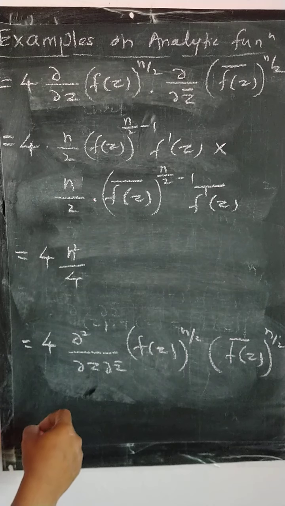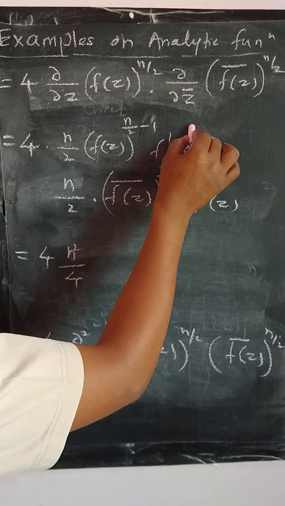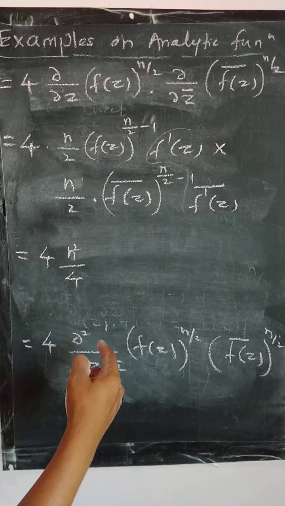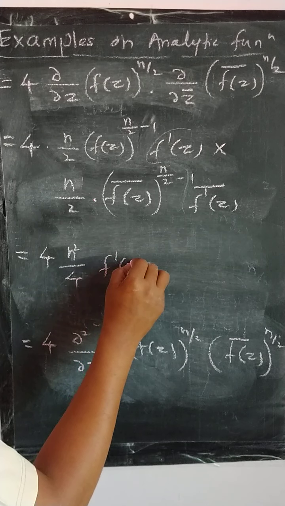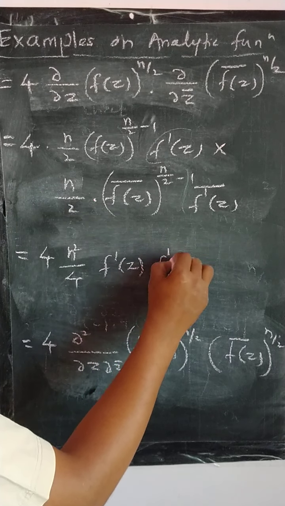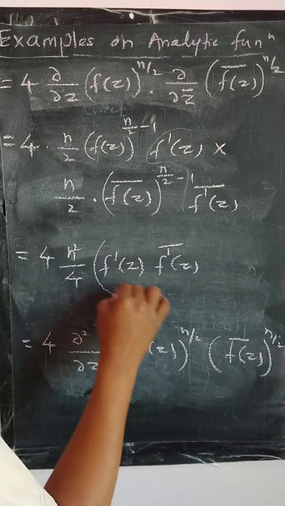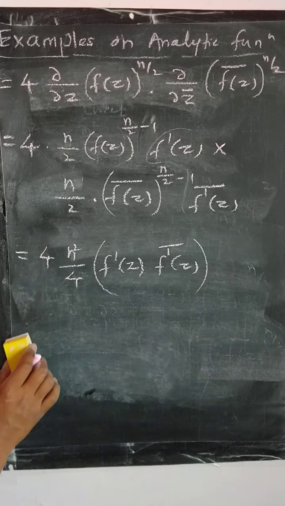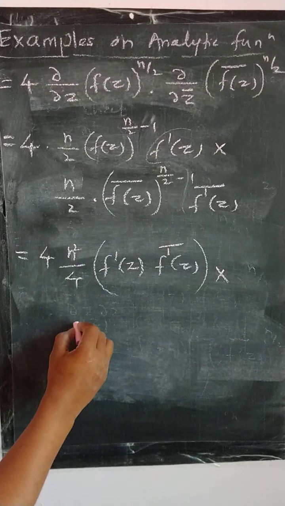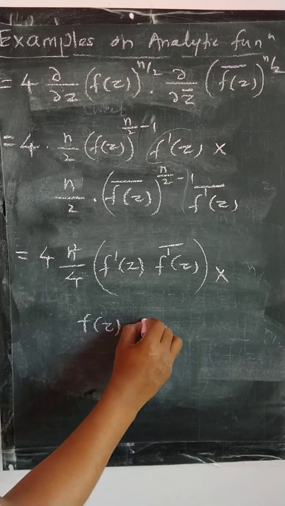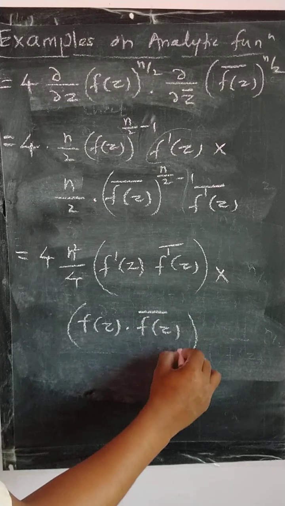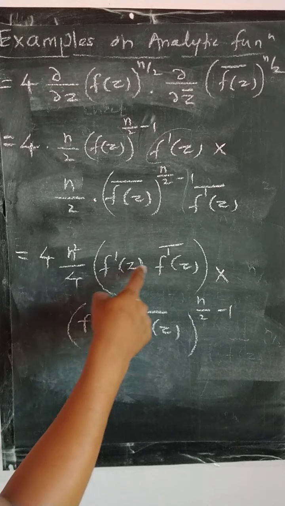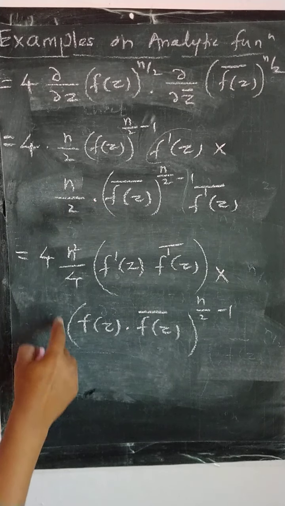I will write f dash of z into f dash of z bar in one bracket, and then these two, f of z into f of z bar, the whole raised to n by 2 minus 1. But again using that property z into z bar is |z|², the 4 will get cancelled.